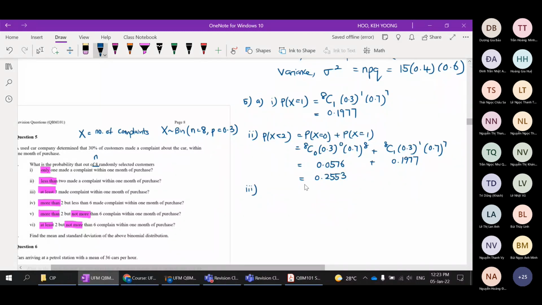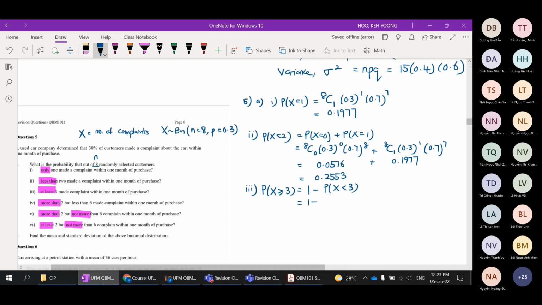Question 3, at least 3. At least 3 means more than or equals to 3. Right now you have 8 customers. More than or equals to 3 means you could have 3, 4, 5, 6, 7, and 8. There are too many to calculate, so I take 1 minus less than 3.